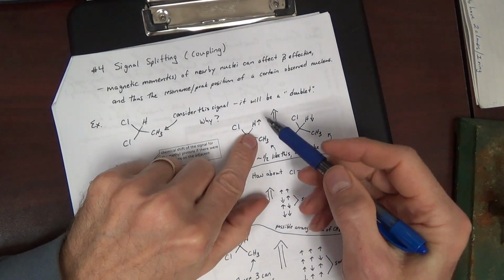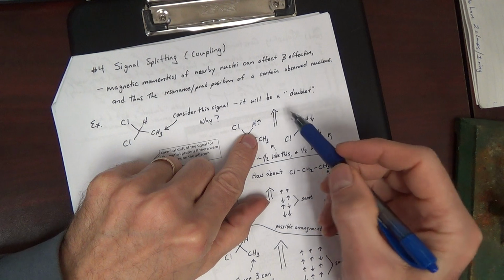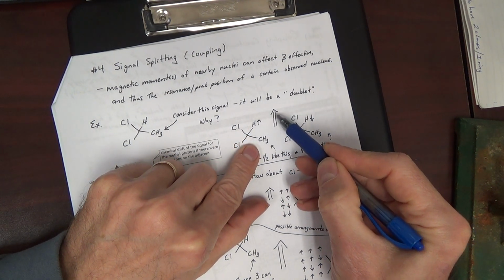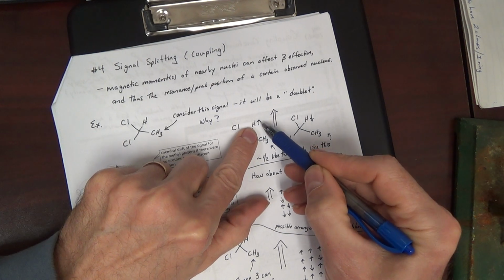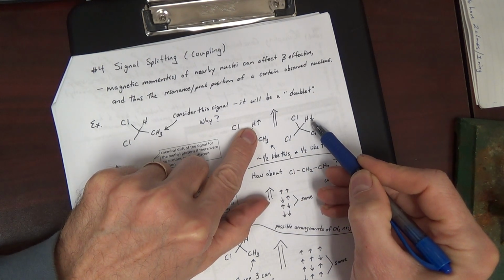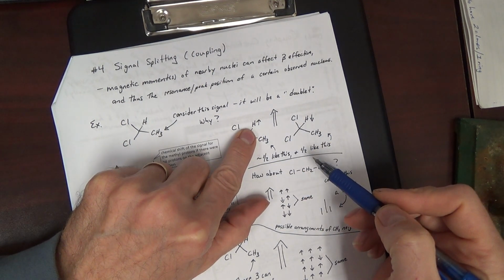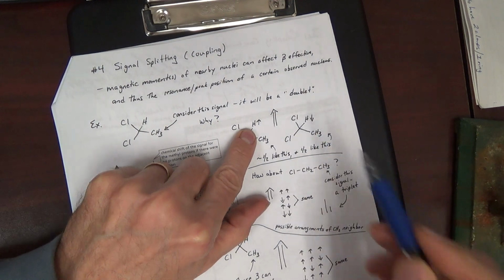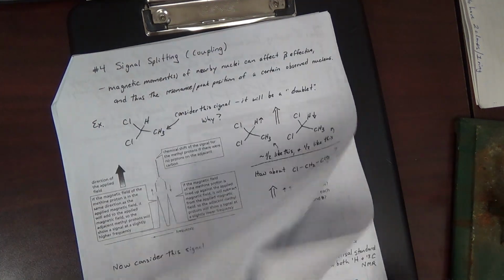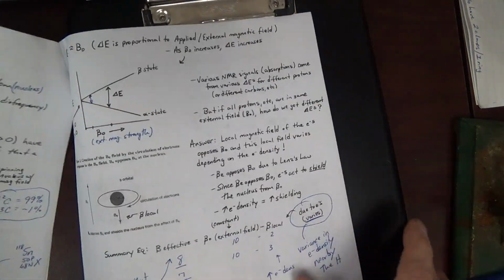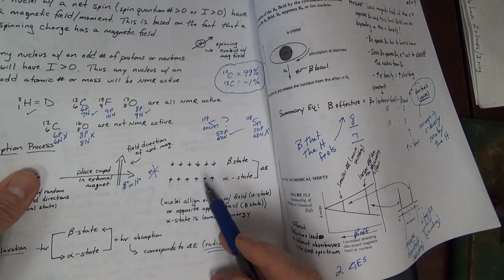That magnetic moment, which has a direction, can be aligned with the external field, or it can be opposed to the external field. That makes sense. That's exactly what we showed earlier back over here.